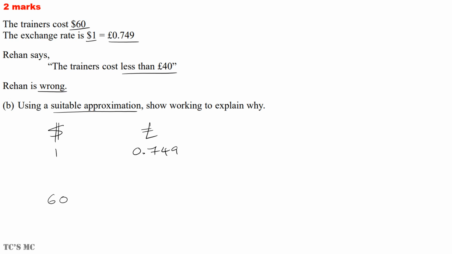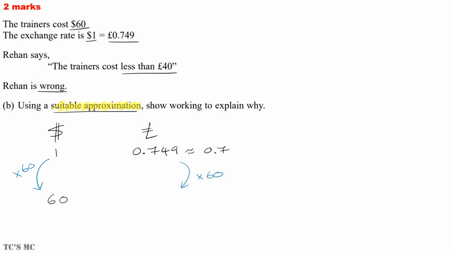The question does say using a suitable approximation. So I am going to round down and say 0.749 is 0.7. Now we need to find a number to multiply by to go downwards. 1 multiplied by 60 is 60. Do the same on the other side.